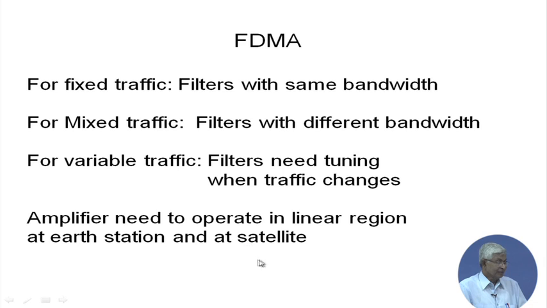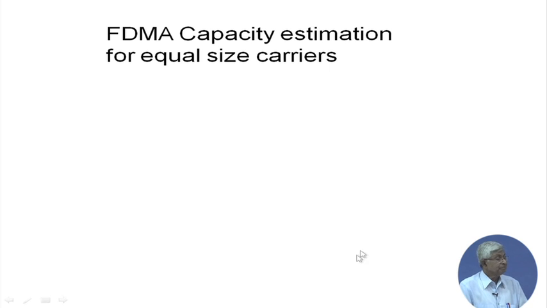So to maintain its ERP, the antenna gain G has to be increased, since the satellite antenna gain is fixed. Similarly, satellite ERP will be lower because of linear operation, and the earth station receive antenna gain has to be increased, so the earth station antenna should be larger. So this is the other part of the problem. One is the filter problem, another is the power problem, and you have to operate in the linear region.